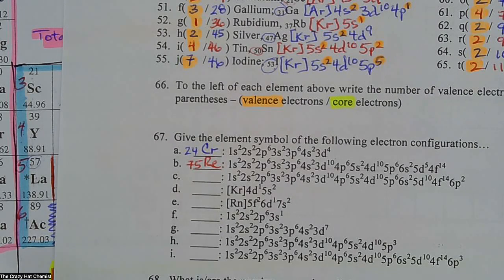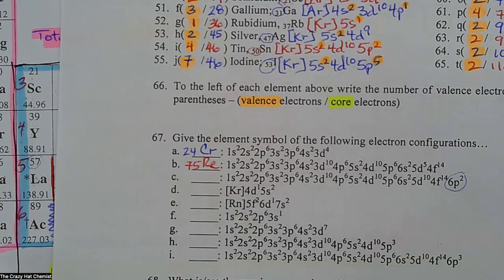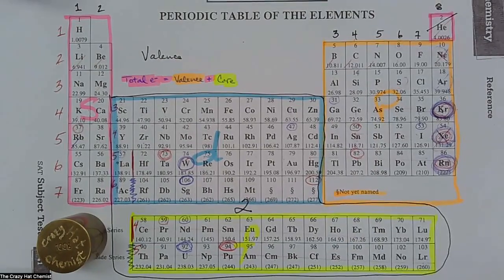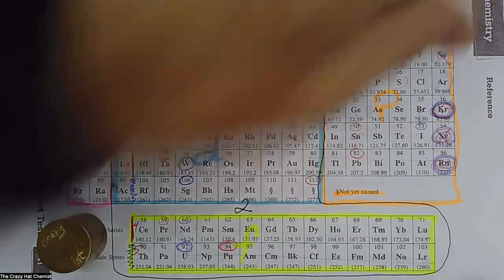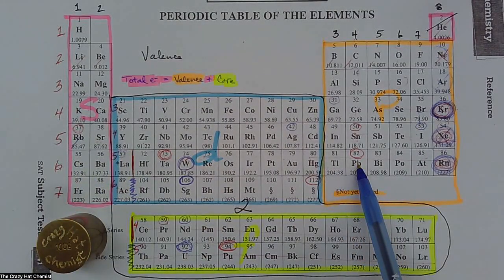Okay. All right. Next one is very similar to the last one, except it ends in a 6p2. That's the key on this one here, as well as most of these. Okay, and so we're going to end at a 6p2. That's going to be lead.